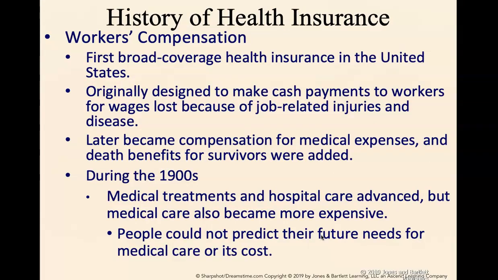So the concept of health insurance originated from the concept of workers' compensation. And this was a very broad coverage because it's not only for health insurance, it also covered wages lost because of injuries or you got sick, which is basically health insurance, but it also paid for death benefits for survivors.